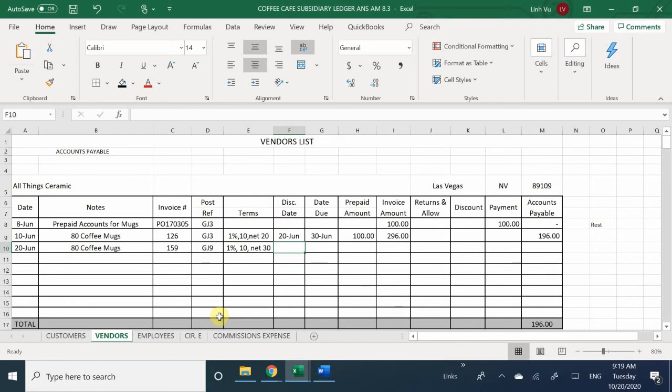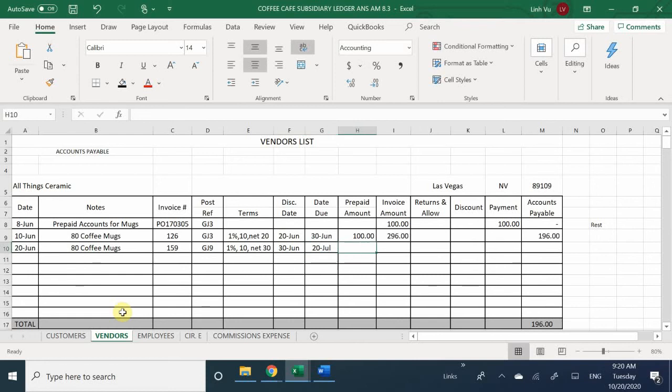When's the last day I can pay to get the 10/30? Okay. June 30th. Good. And then if not, I need to pay within 30 days. So that would be July 20.